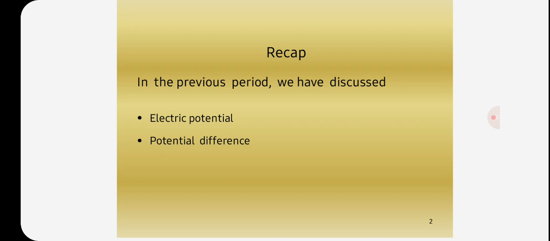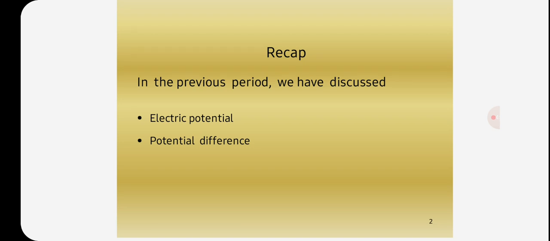Hence, work is required to bring it to a point like A. When the unit positive charge is at A, it has some amount of electrical potential energy, which we commonly call electric potential. The closer the point to the charge, the higher the electric potential at that point.